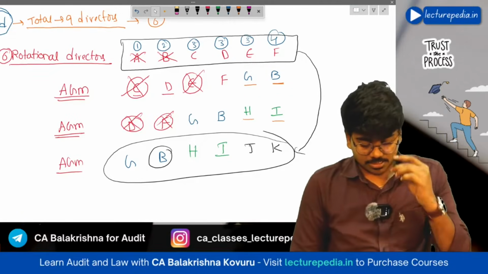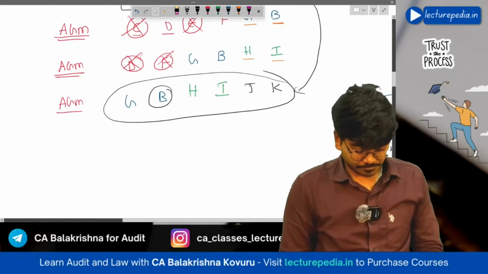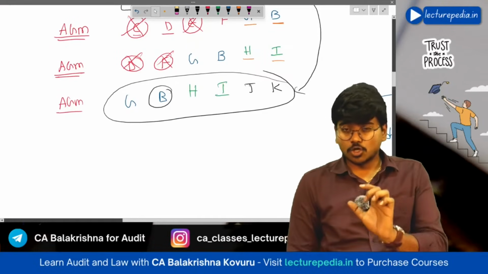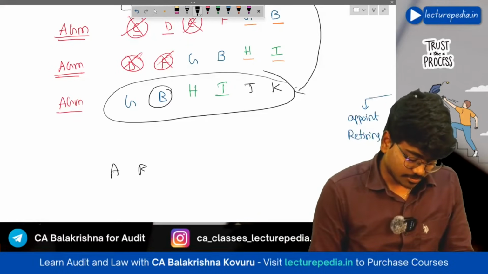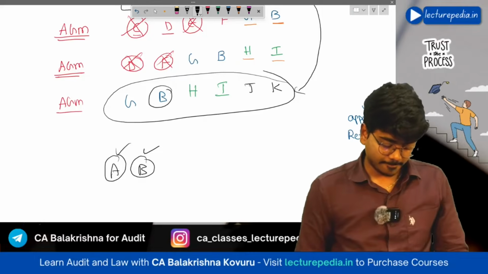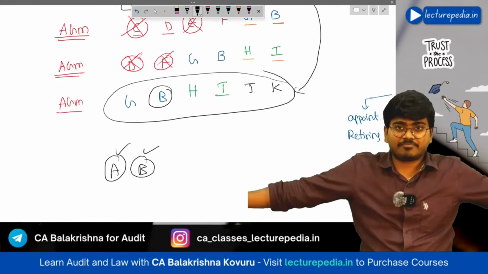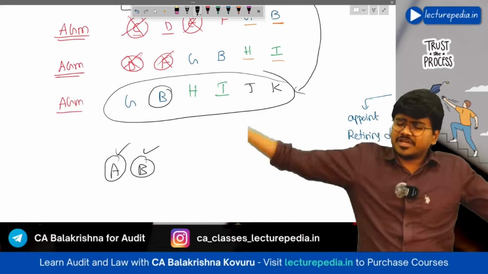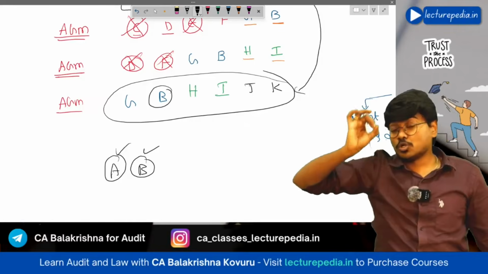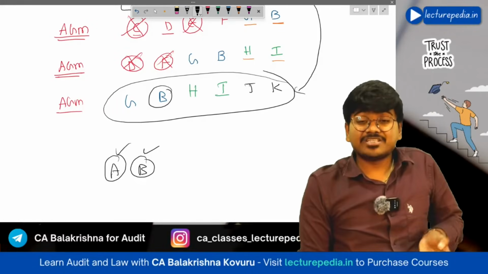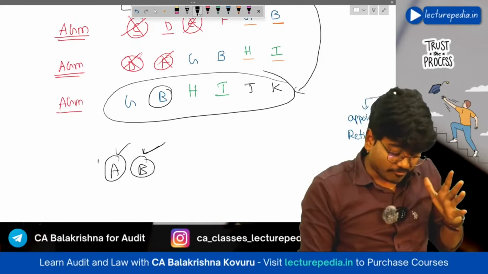Now why is this concept of rotation of directors important? Because let's say if this rotation concept is not there, and you have appointed Mr. A and Mr. B as directors of the company, now what will they feel? They know that they will not retire because there is no concept of rotation. They can continue in the company as long as they want. So since they have this confidence, they will not work properly, their performance will decrease.